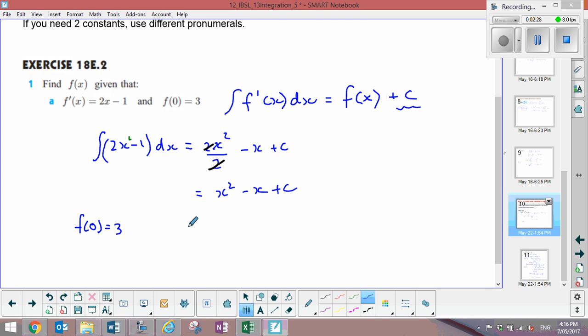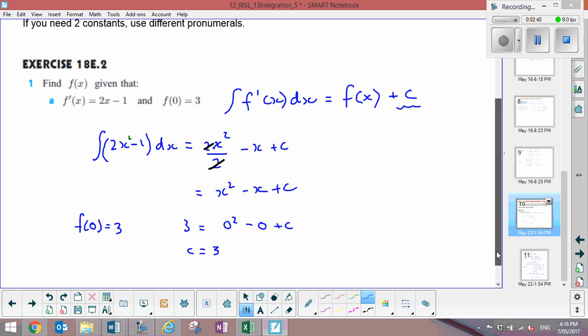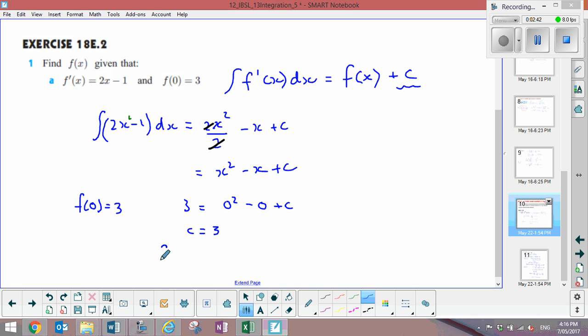So in other words, we can say that 3 equals 0 squared minus 0 plus c. In other words, c is equal to 3. So now we can say our original function, the primitive function, must have been x squared minus x plus 3.